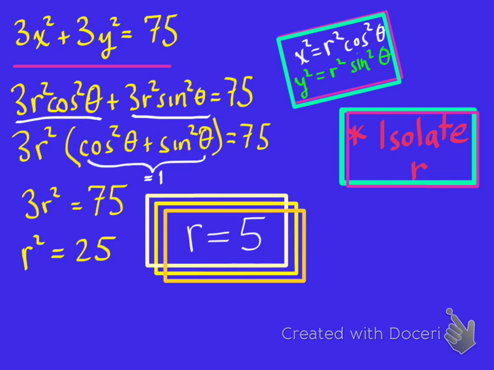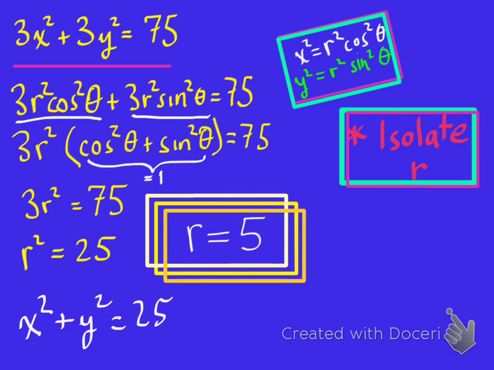And that's what we started off with also. That 3x squared plus 3y squared equals 75 is the same thing. You might not recognize it. Let me show you one thing there. If you divided that first equation that we started off with, if you divided both sides by 3, what we would get is x squared plus y squared equals 25.